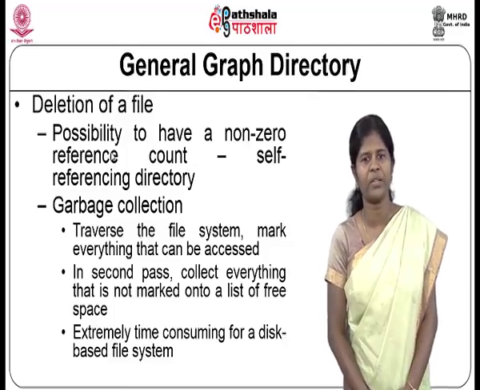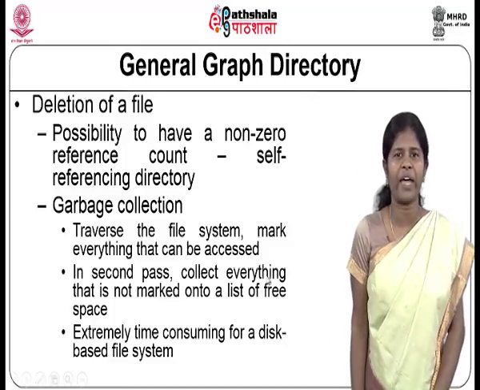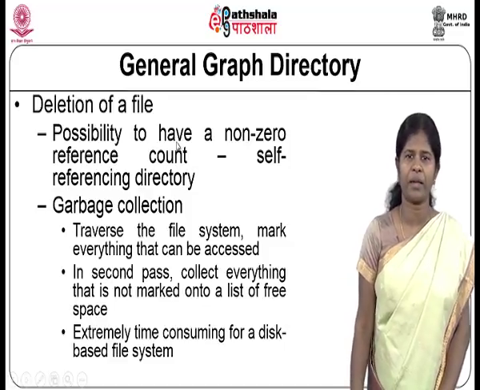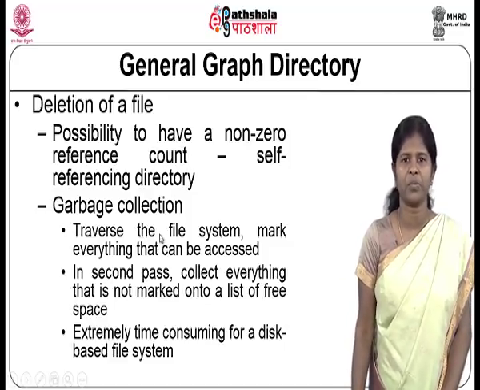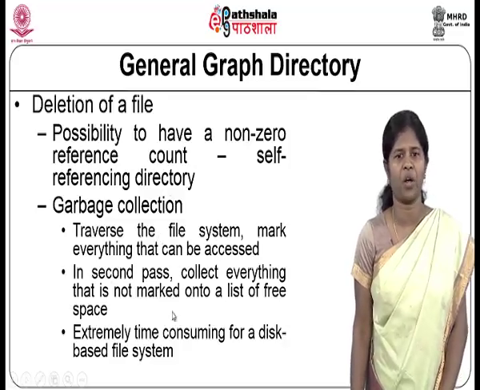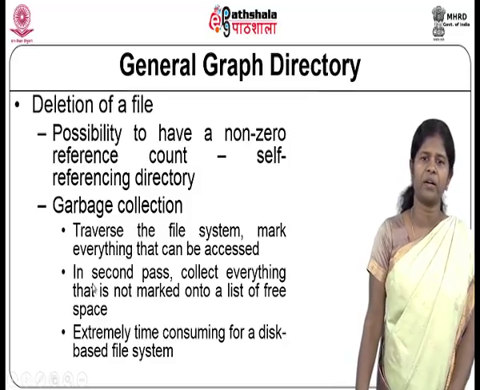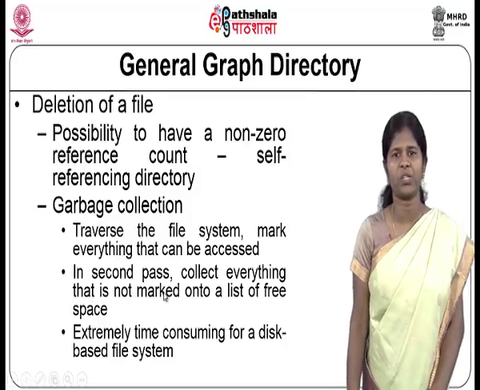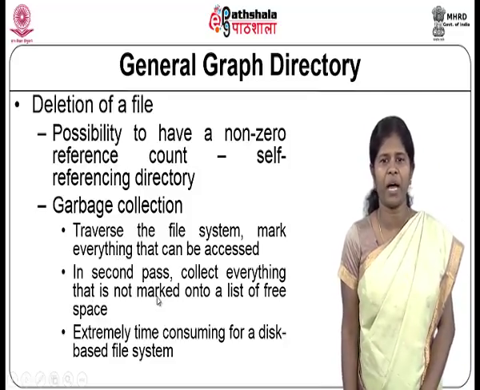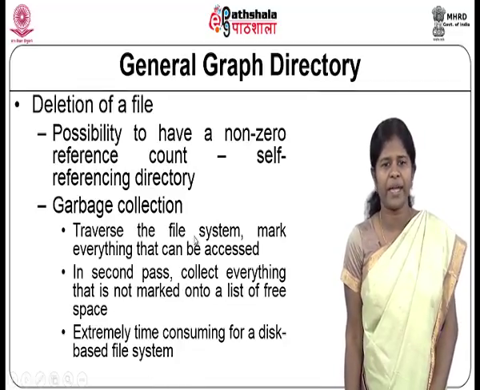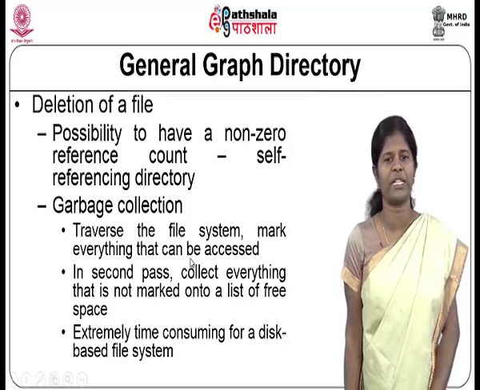And what is done during garbage collection? The file system is traversed, and whatever file is able to be accessed, those files are marked. And in the second pass, you again go through the file system and collect all the files that are not marked into a list of free space. But this is extremely time consuming for a disk based file system.